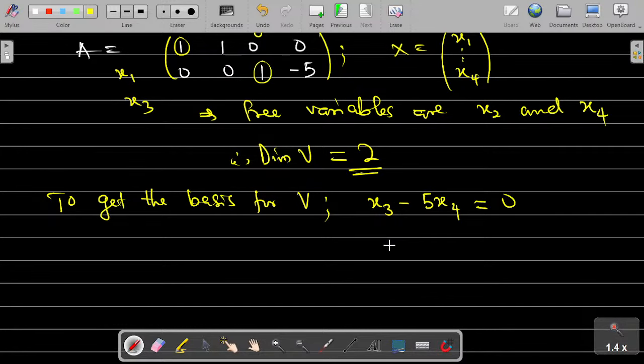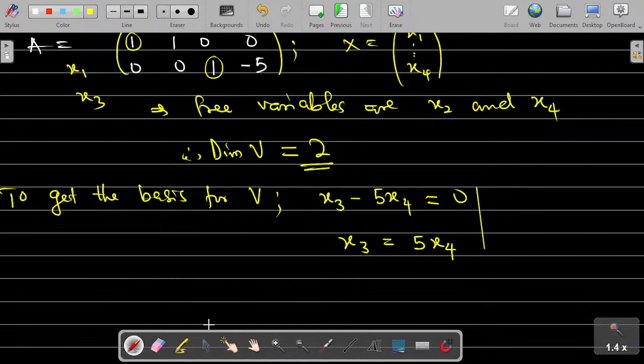If we solve this, you will get that x3 is equal to 5x4, although it was even given to us already. And then if we solve the first equation that was given to us, we will also get the value for x1. Remember that x1 and x3 are the pivot variables. That first equation is x1 plus x2 is equal to 0, which will give that x1 alone is equal to minus x2.